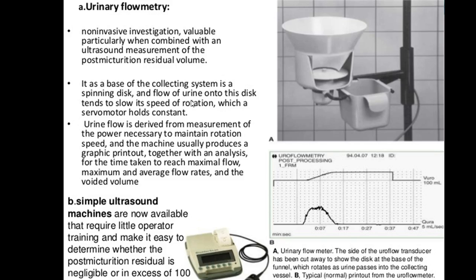It has a base collecting system here. It is a spinning disc, and the flow of the urine into this disc tends to slow its speed of rotation, which a servomotor keeps constant.